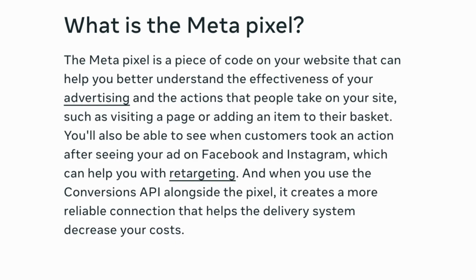Before showing you the step-by-step process to install the pixel, I'll just explain what Meta Pixel is. The Meta Pixel is a piece of code that you install on your website that can help you better understand the effectiveness of your advertising and the actions that people take on your website, such as visiting a page, adding an item to your cart, purchasing something, or browsing your different products.